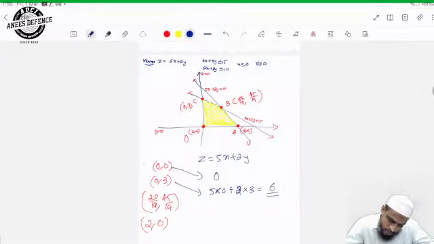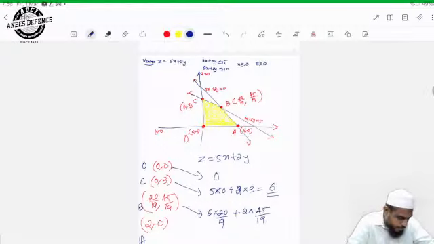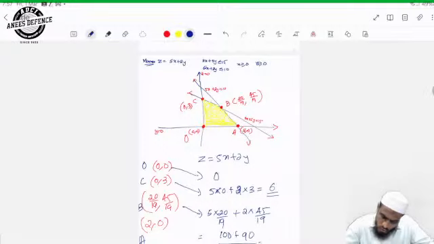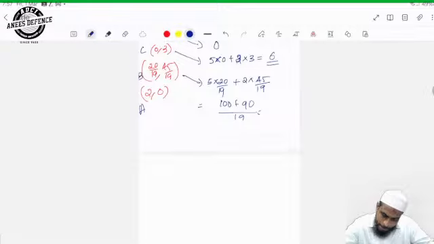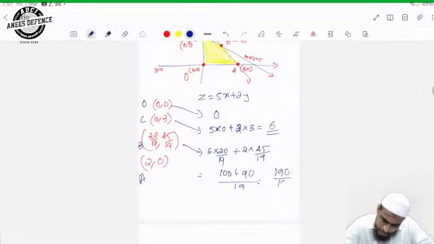At B, if you put 5 into 20 by 19 plus 2 into 45 by 19, you get 5 into 20, 100, plus 2 into 45, 90, by 19. That is 190 divided by 19, which is 10.